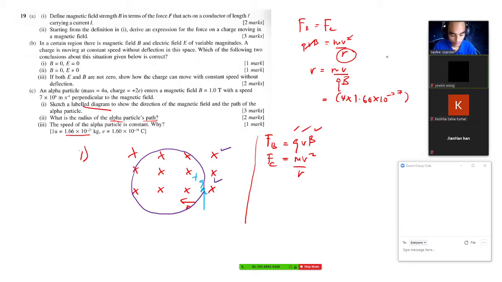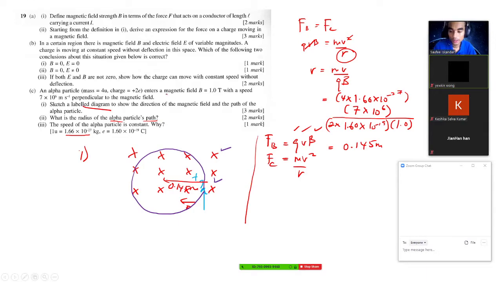Times 7 times 10 power of 6, divided by q, that is 2 times 1.60 times 10 power negative 19, because it's 2e. And B is 1.0. So the answer will be 0.145 meter. The radius over here is 0.145 meter.